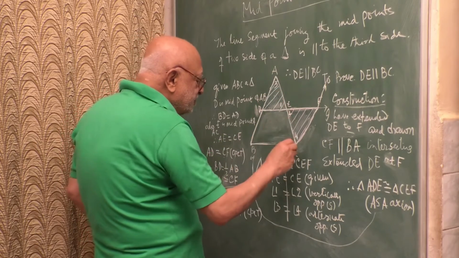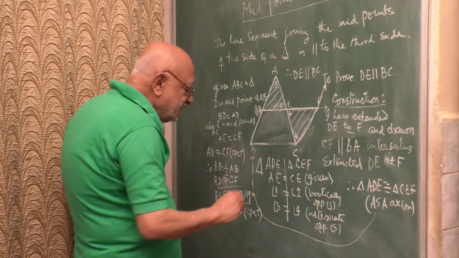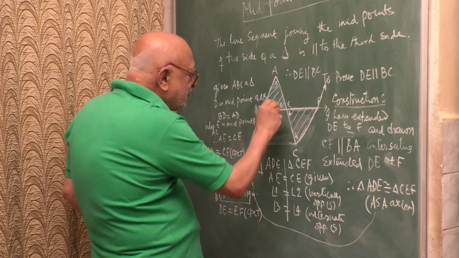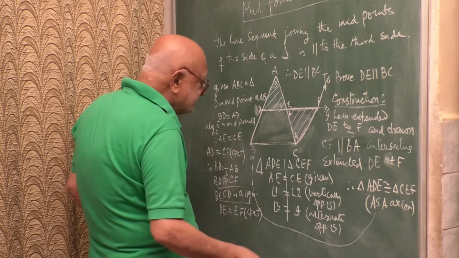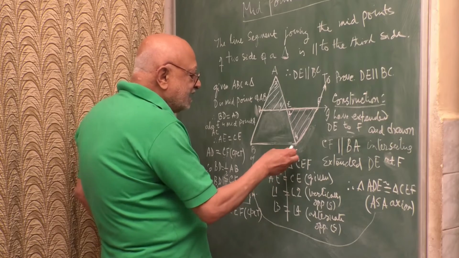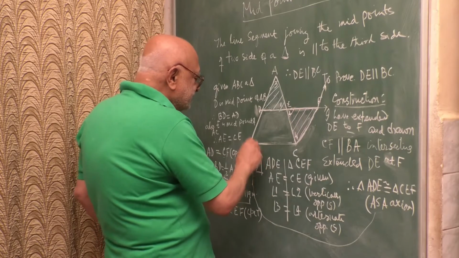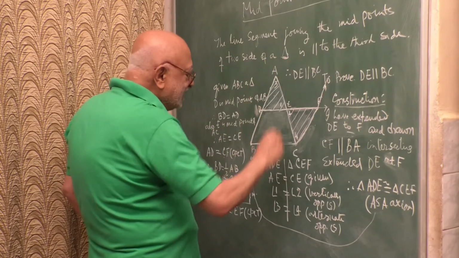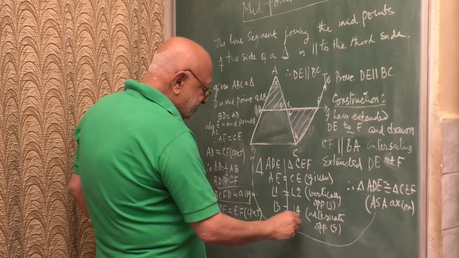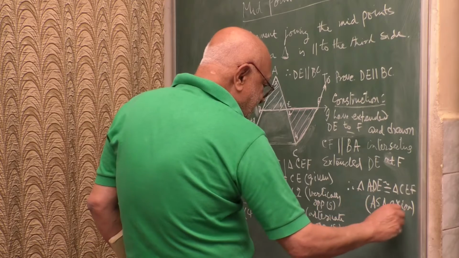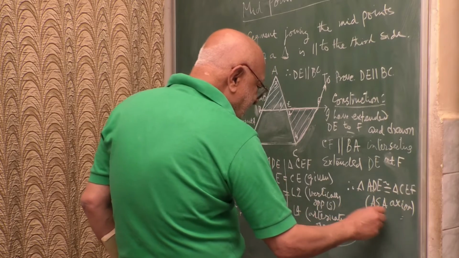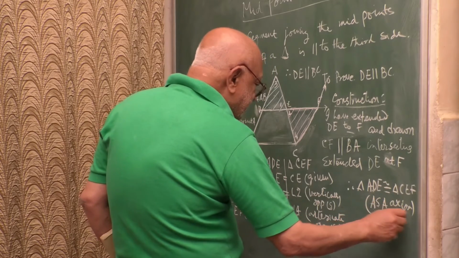AE is equal to CE, which is given. Angle 1 and angle 2 are vertically opposite angles, and because CF is parallel to BA, angle 3 is equal to angle 4. So these two triangles are congruent by the angle side angle axiom.